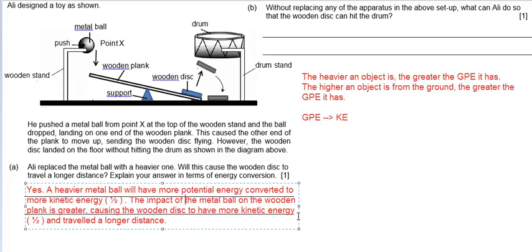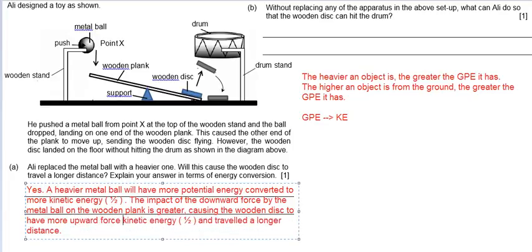So the impact of the downward force by the metal ball on the wooden plank is greater, causing the wooden disc to have more upward force, right?